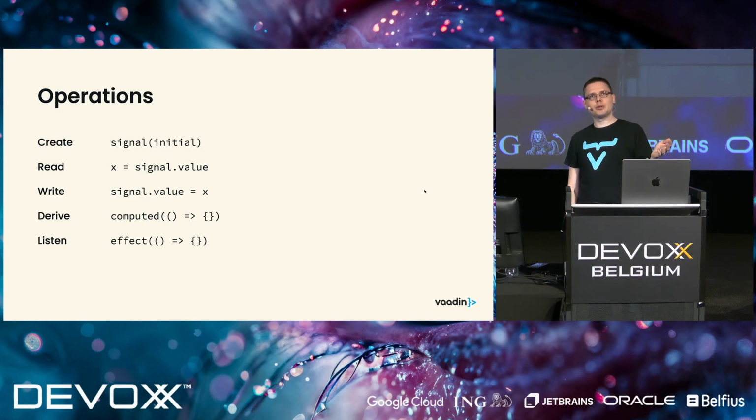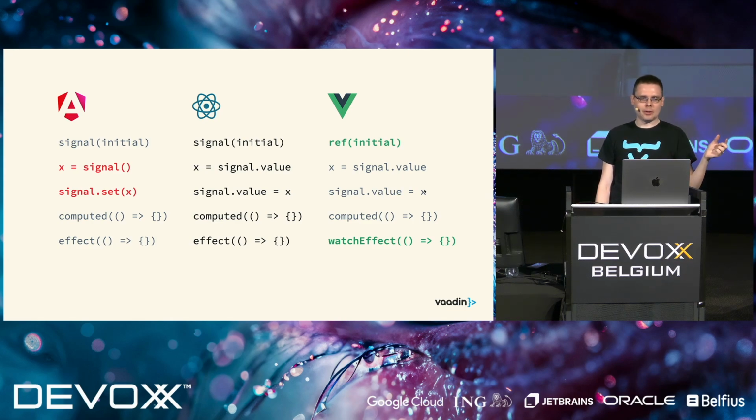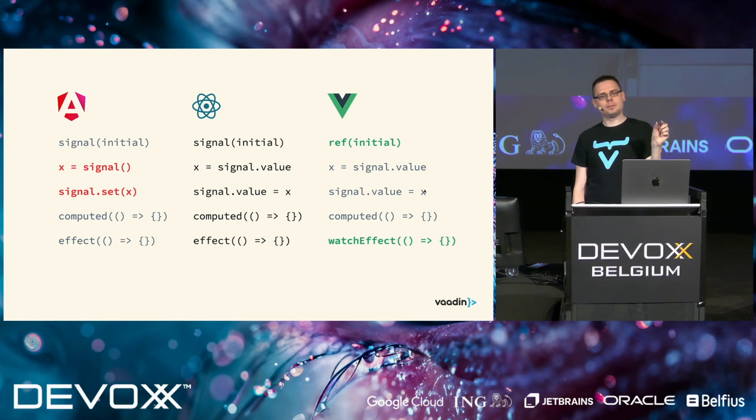This might look familiar to you, or maybe not. All the big 3 front-end frameworks and lots of the smaller ones also, they have signal support. In Angular, it's slightly different syntax. You read the value by calling the function, calling signal as a function. You set the value by calling a set method.